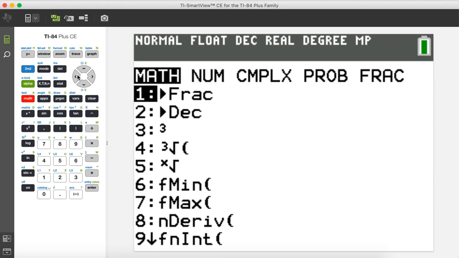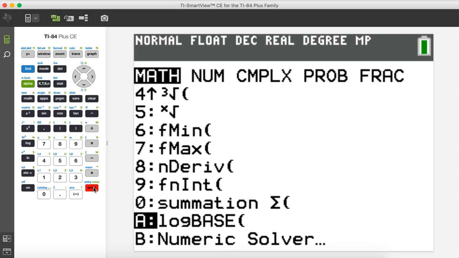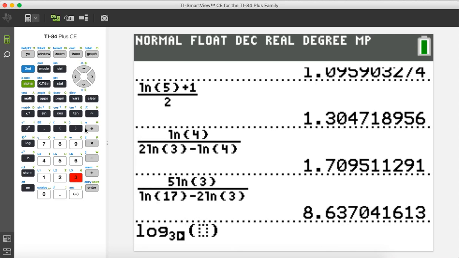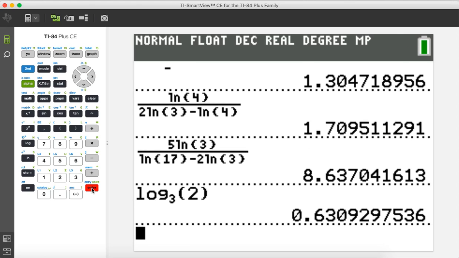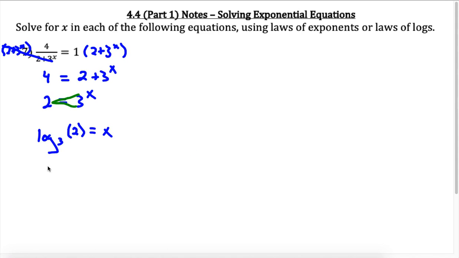By doing math, log base 3 of 2 is 0.631. All right. And remember, what this actually means is 3 to the 0.631 power equals 2. Okay, so let's do one more example like that.